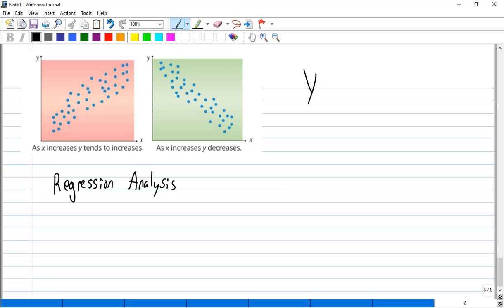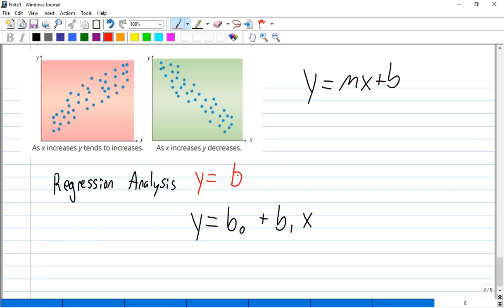Now, traditionally in statistics, and this is where I'm going to show you the other variables. All right, so we had y equals mx plus b. We start learning about that in the 9th or 10th grade, maybe earlier. In statistics, traditionally, we use y equals b sub 0 plus b sub 1 times x. And so I'm going to write the other equation right above it. y equals, it was mx plus b, but if I change it around, that would be b plus mx.